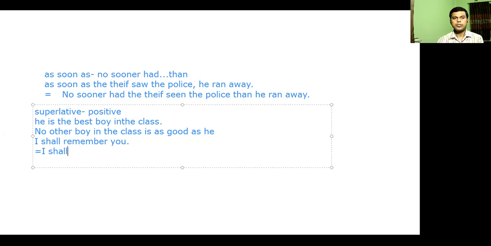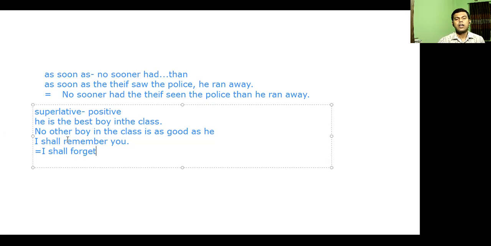I shall remember. What is the opposite of the word remember? The opposite of remember is forget.